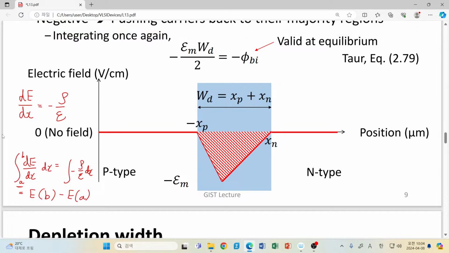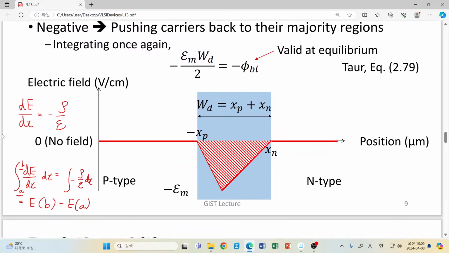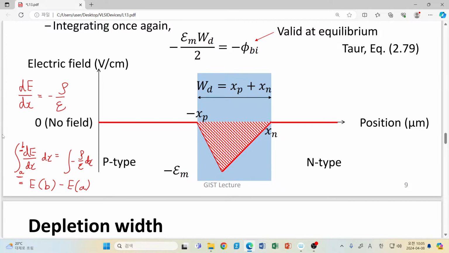A is the lower limit, and B is the upper limit of integration. By doing this, we can easily calculate the electric field profile shown here.